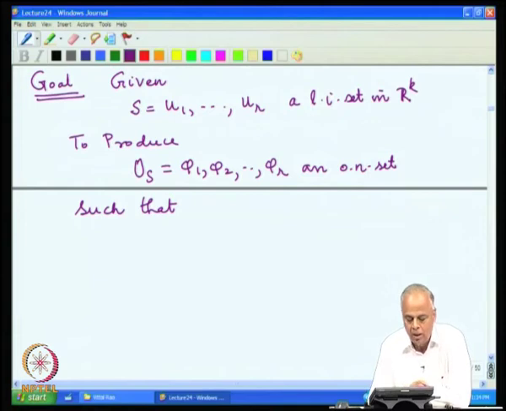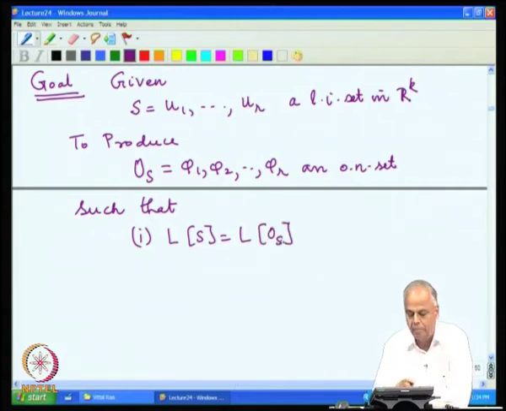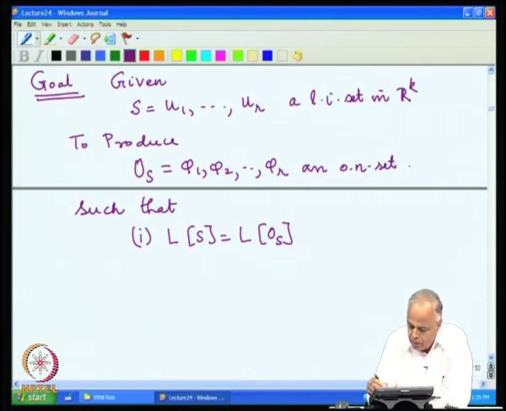One, obviously, we would like that whatever subspace S spans, OS must also span the same subspace, such that LS equals LOS. This is our main aim. Whatever subspace S spans, the OS must also span the same. What happens then? Then OS becomes an orthonormal set in the span of S, it spans it, and therefore, it will become a basis for it. So, this OS is an orthonormal set in R k.